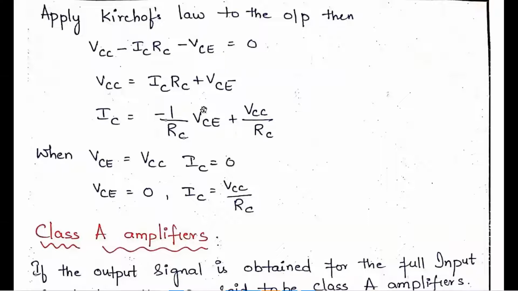So how to identify where the straight line intersects the VCE axis? Put IC 0. If we put IC 0, what will be the relation between VCE and VCC? VCE is equal to VCC.